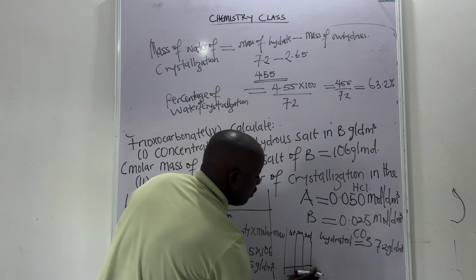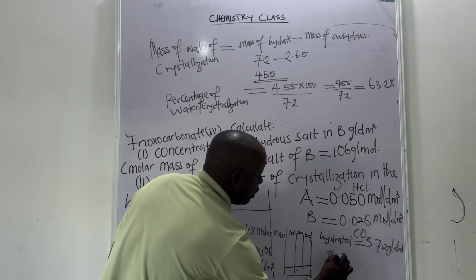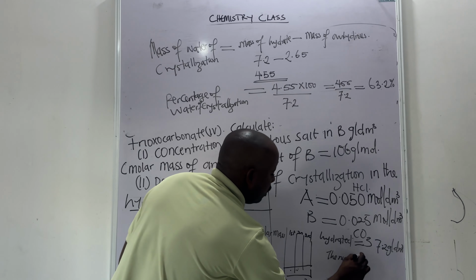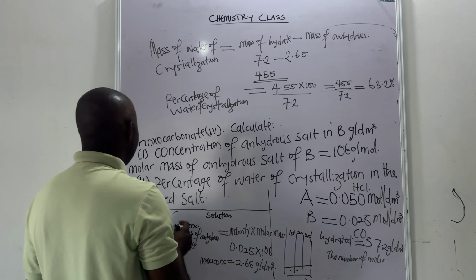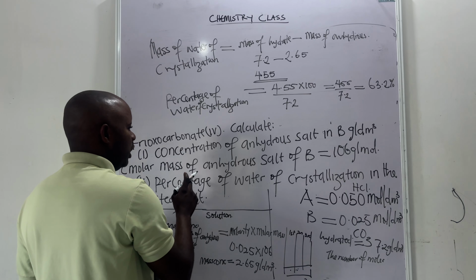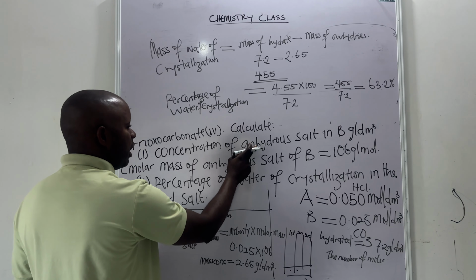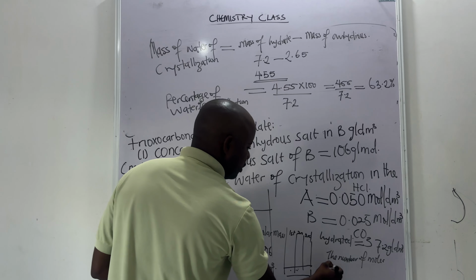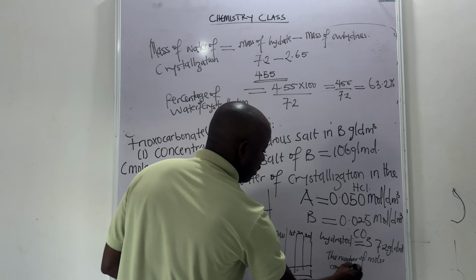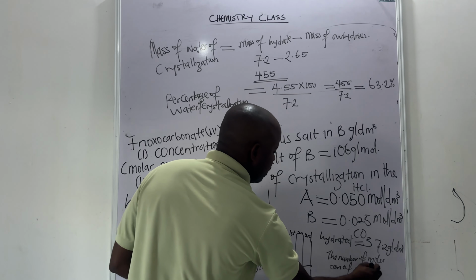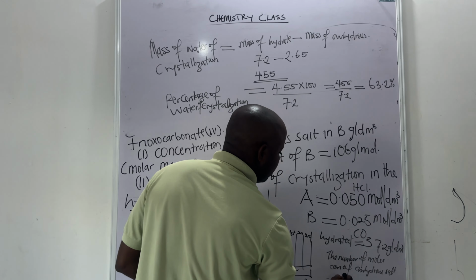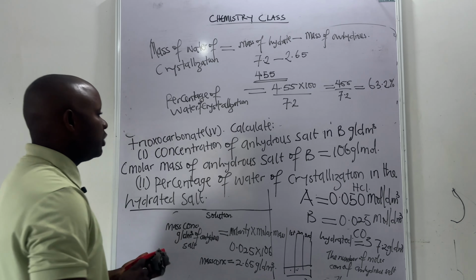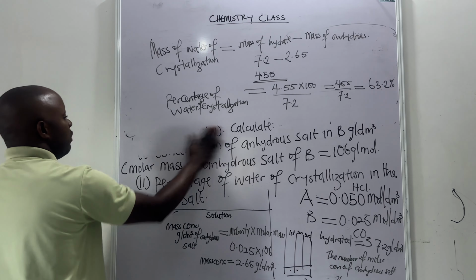We are asked to look for the number of moles of acid to the trioxocarbonate(IV), the concentration of the anhydrous salt as well, and the percentage of water of crystallization. So let's use a different method to solve all of this.